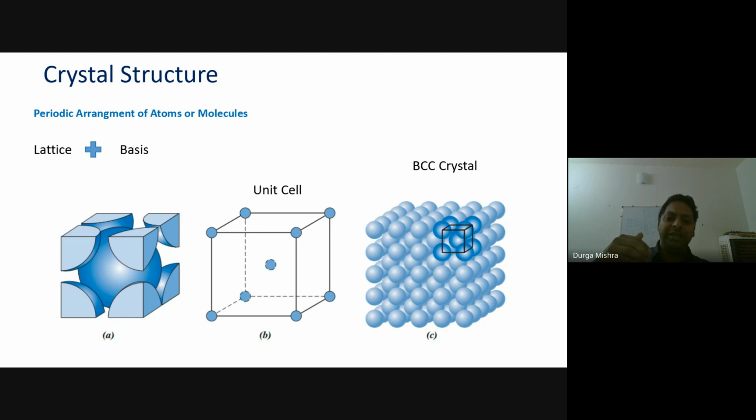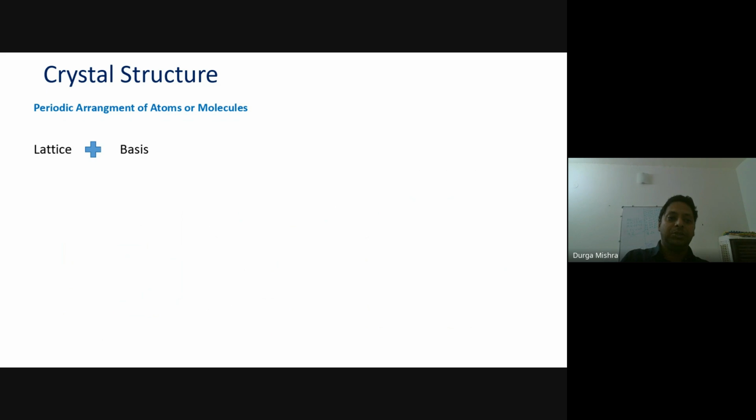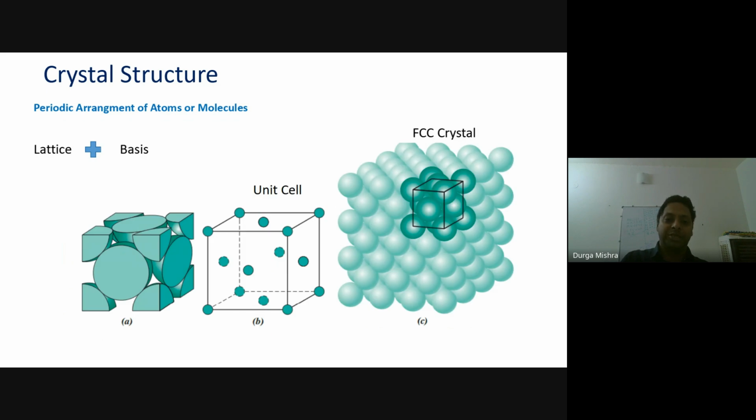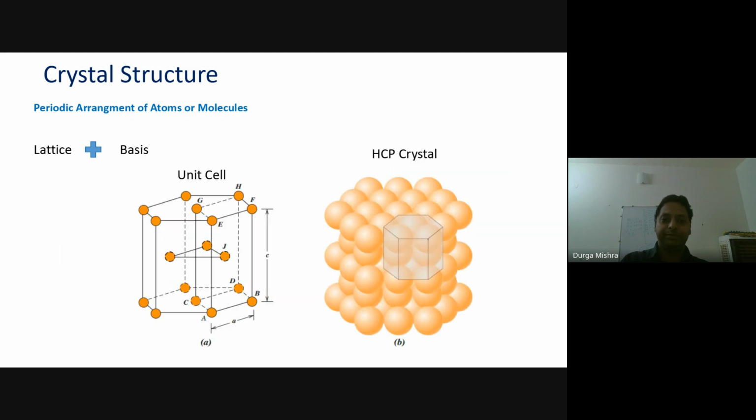If you now repeat this unit cell along all three dimensions, you create the BCC crystal. Similarly, you can also create the FCC crystal, right? In this case, you have atoms on the corners as well as on the faces of the cube. Now if you repeat this unit cell, you will create the FCC crystal.